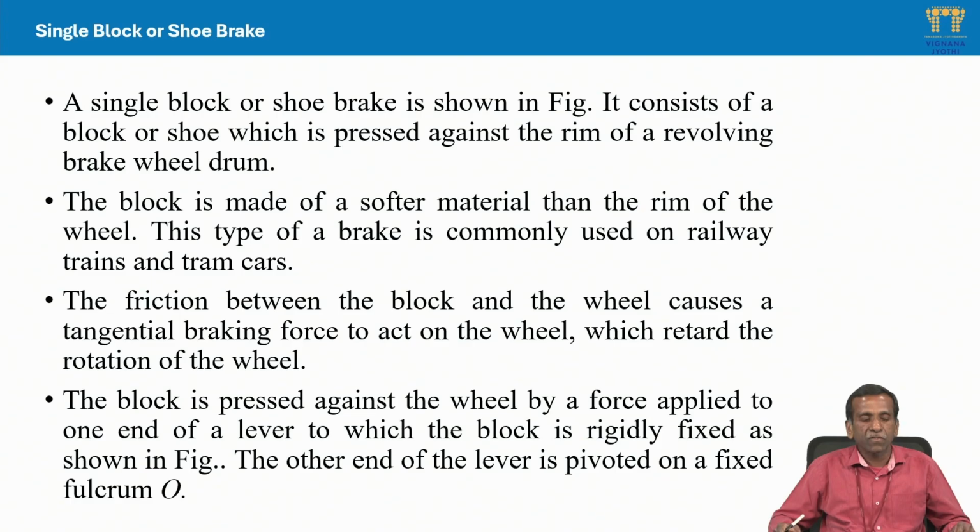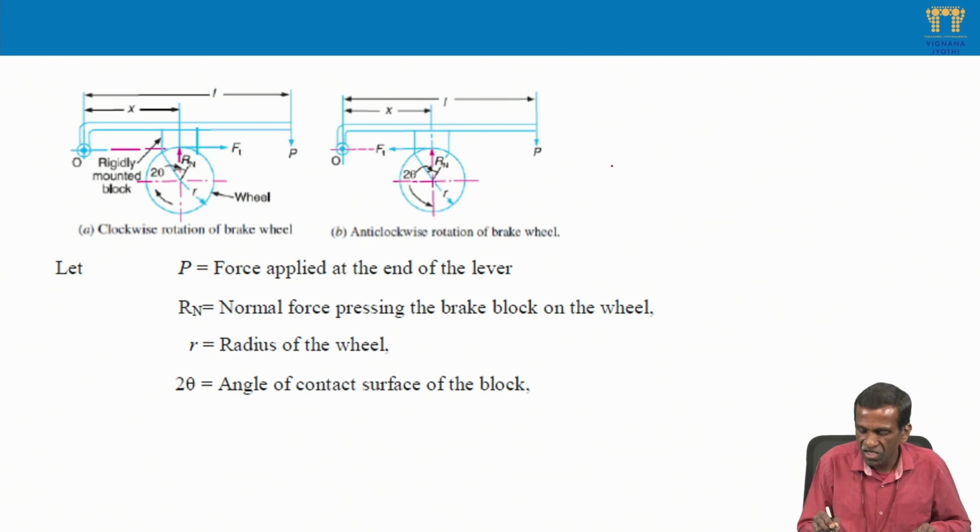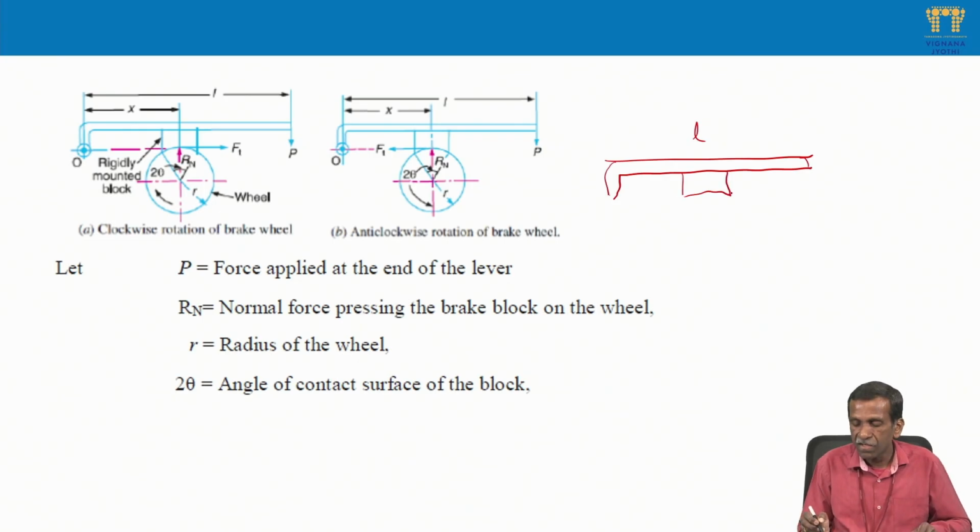Single block or shoe brake, we can see in the diagram. Basically, it consists of a shoe which is attached to a lever. Let us say the lever has some length L, and a block is attached to the lever, fixed firmly. While applying the brake, we apply some force, let us say some effort.